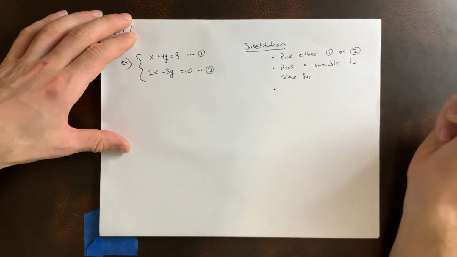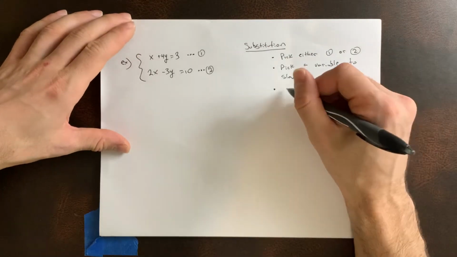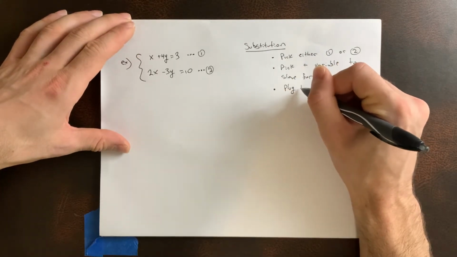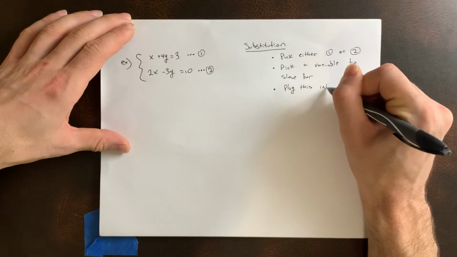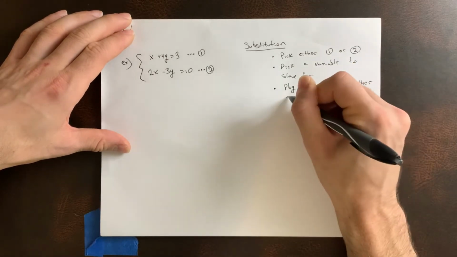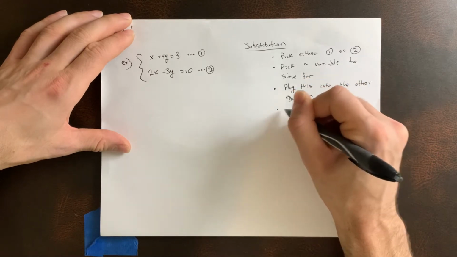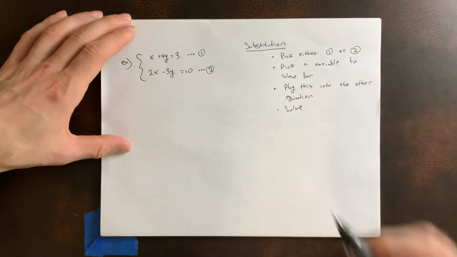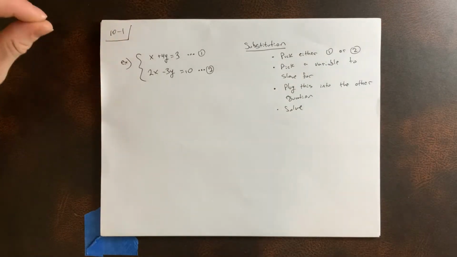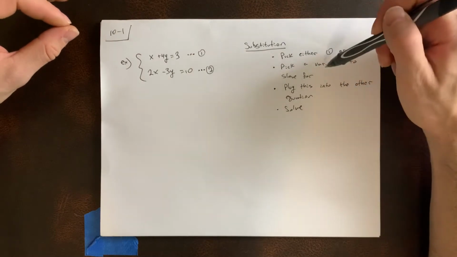And then also, once we pick the variable to solve for, plug this variable into the other equation. And then solve. So these are the 4 steps for substitution. So you see, pick either 1 or 2, and this step right here, pick a variable to solve for.